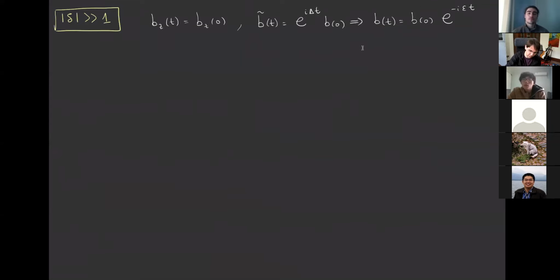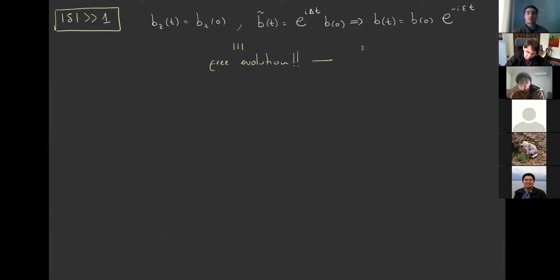This solution is just the free evolution, or if you want, the evolution of the atom when we do nothing, okay? So we have shown that in the limit in which the detuning between the light that you are sending and the atomic transition is very large, then the interaction is like it doesn't happen. So we have just the evolution given by the free evolution of the atom.